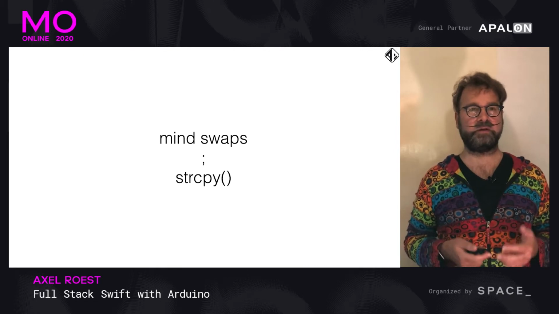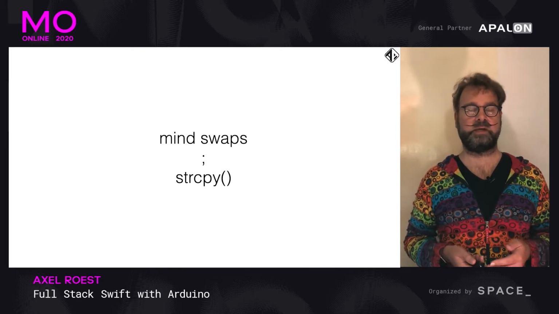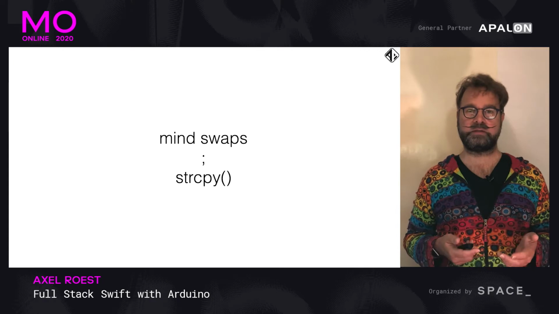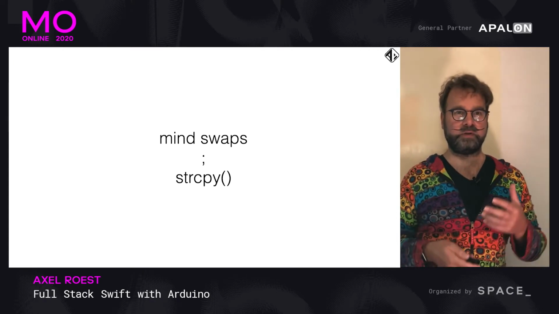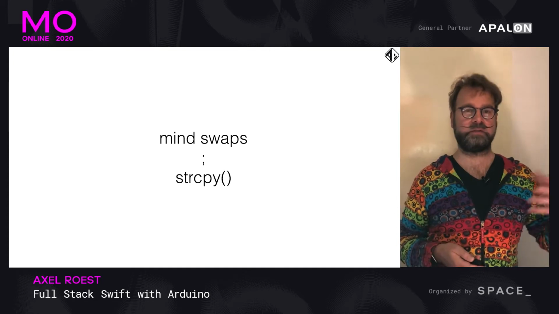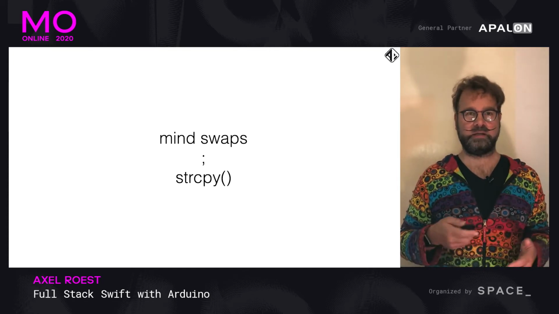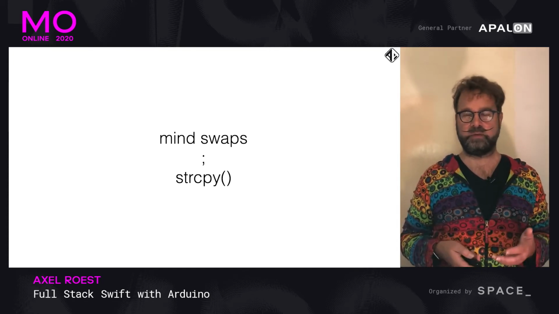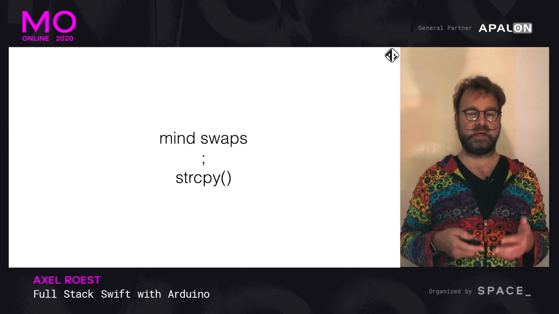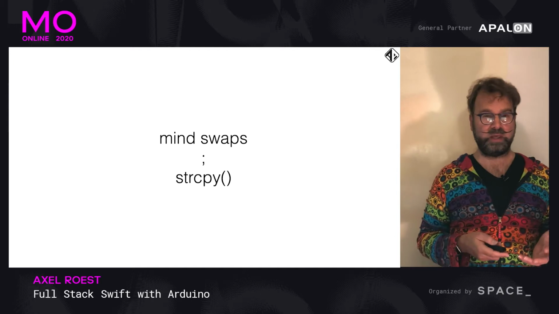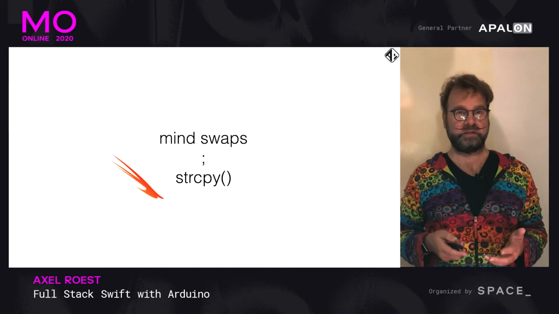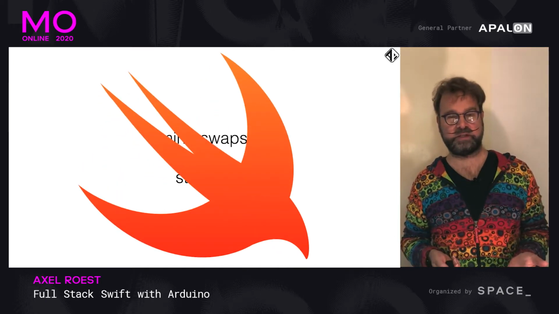So I thought, okay, let's create a C++ string array. But then the Wi-Fi library needed C strings, so char star arrays. So I had to convert from C++ strings to C strings every time, and then you deal with void star pointers, and every time it was a mind swap, and do I need a strcpy or a memcpy? So luckily, Swift to the rescue.